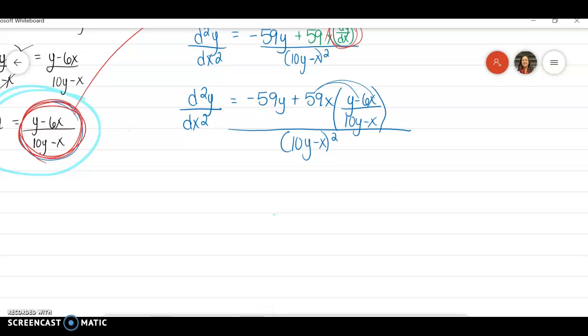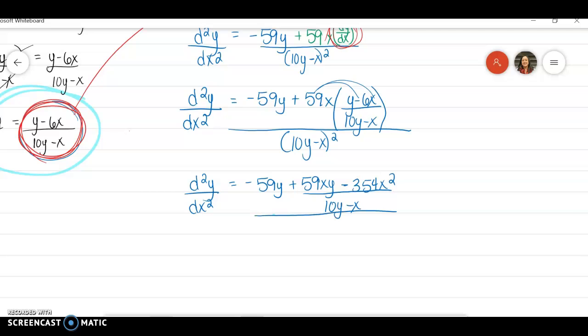So that would leave me with d squared y all over dx squared. So that's my second derivative of y with respect to x, which is going to be equal to negative 59y plus 59xy minus 354x squared all over 10y minus x.